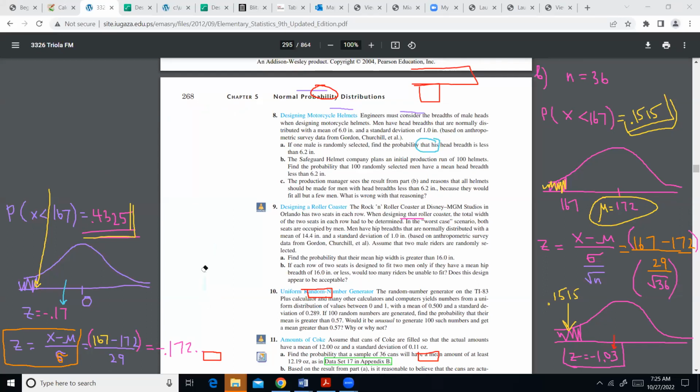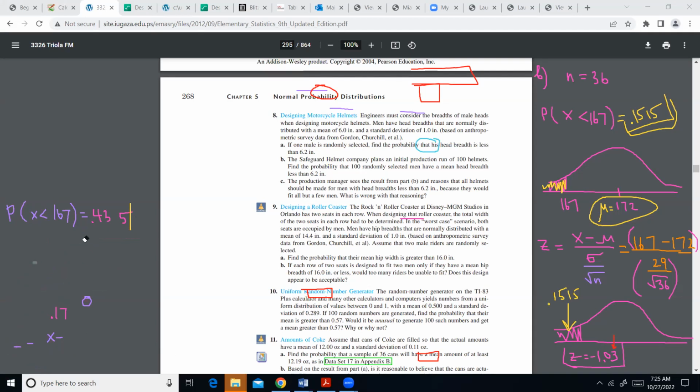So they are trying to fit a number of people, and it looks like they put 2 of them in a row. So let us do problem number 9 here.